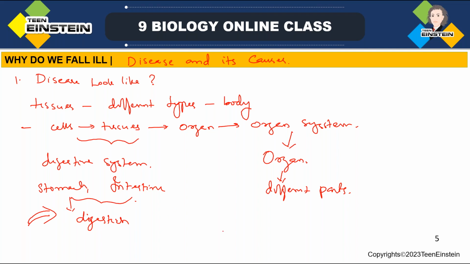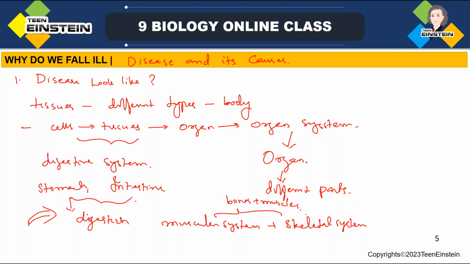Then our muscular system plus skeletal system. The muscular system and skeletal system are made up of bones plus muscles.